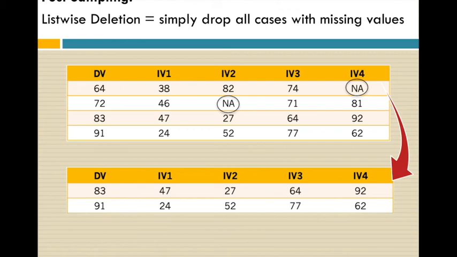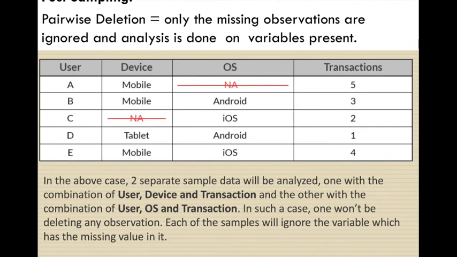Okay. And next, you can do pairwise deletion, meaning only the missing observations are ignored. So take a look at this case here. Here, this data is missing and this data is missing. So what you can do is delete only these two, and then you will end up with two sets of data.